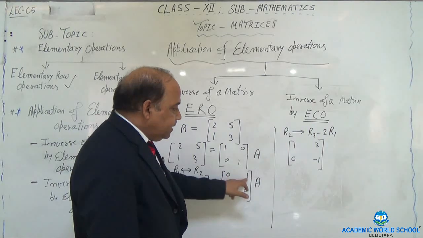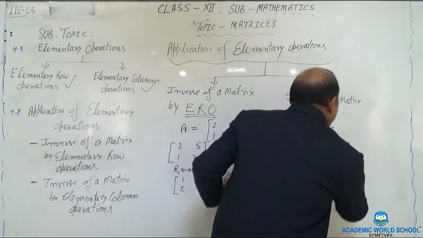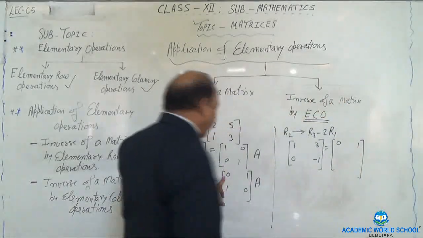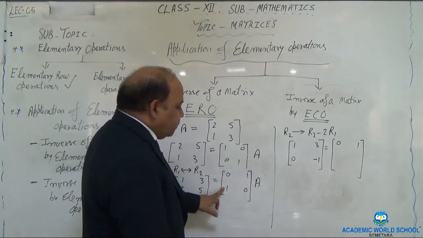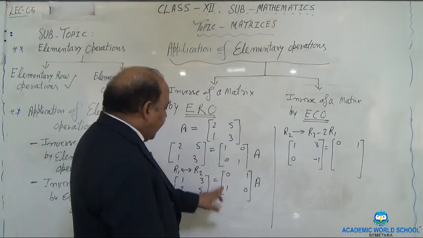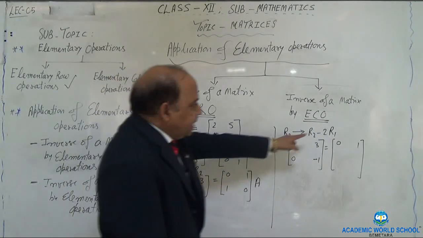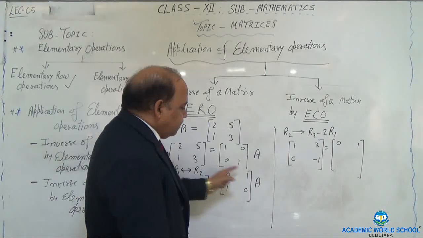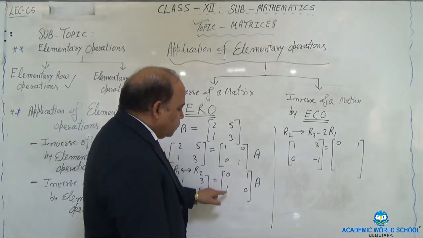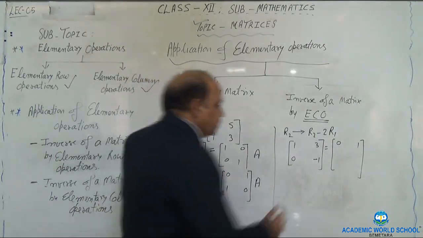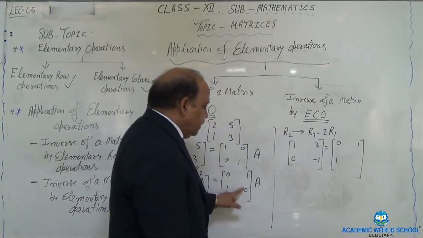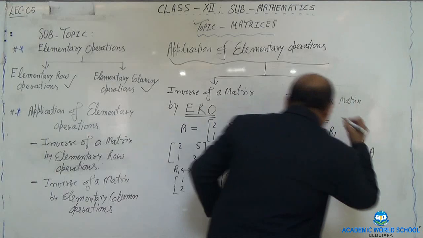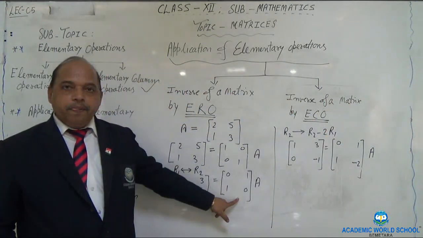There is no change in the first row, so it will remain 0, 1. And in the second one, we are subtracting 2 times R1. So 1 minus 2 times 0, it will remain as it is. 0 minus 2 times 1, it will become minus 2, and then write down A.